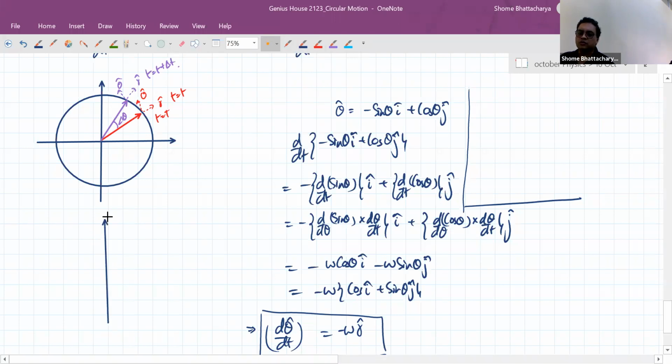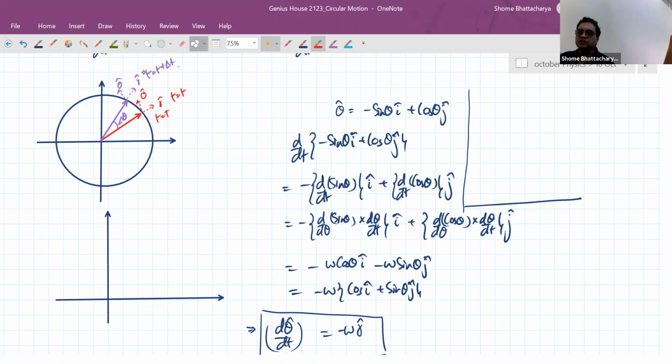So theta cap, if I draw it separately in a magnified diagram, originally theta cap was like this. It was at a position where this whole angle would have been 90 plus theta, if this angle was theta.